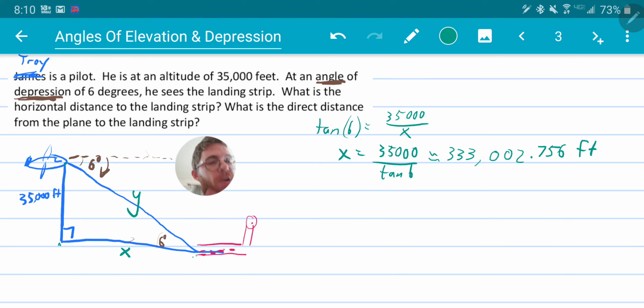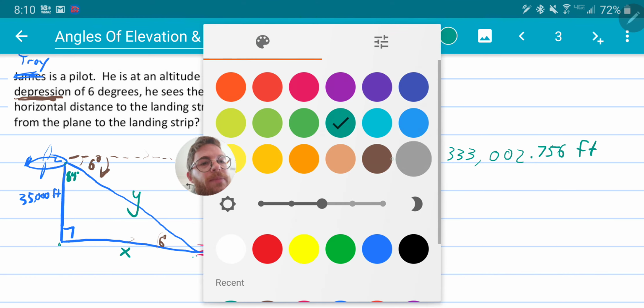All right, I got 333,002.756 feet. That's a lot. But think about that little 6 degree angle. 35,000 is going to be the shortest side of this triangle by a lot. I mean, this would be what? An 84 degree angle? So this side's going to be monstrous compared to that shortest side.